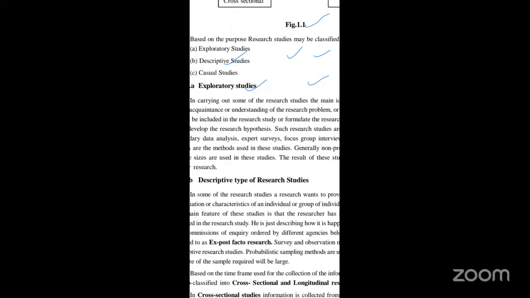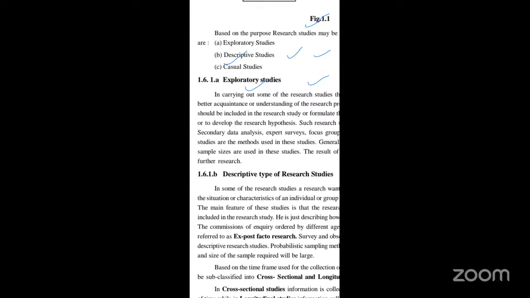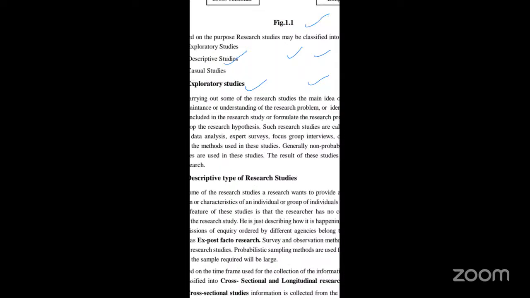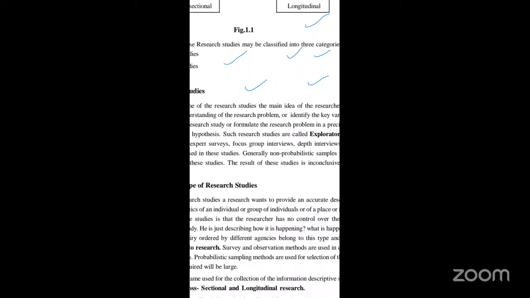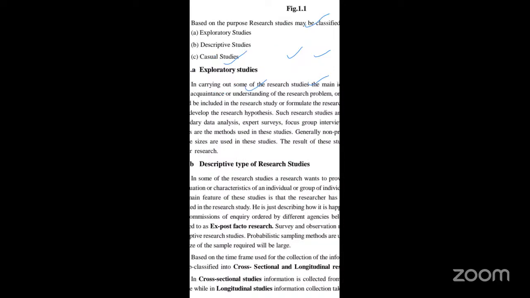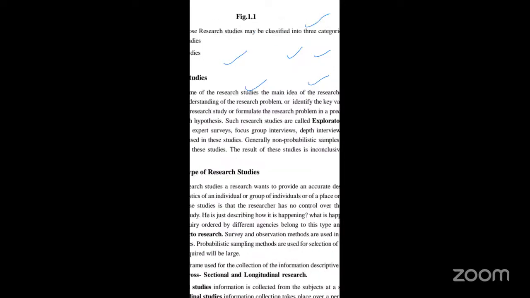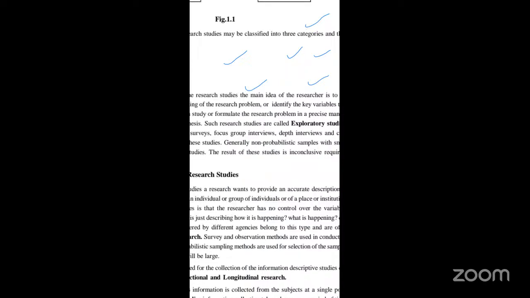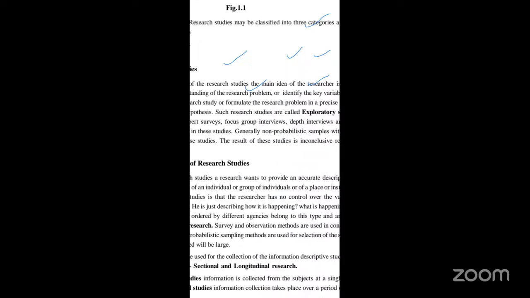So secondary data analysis, expert surveys, focus group interviews, depth interviews, and case studies are used in these studies. The result of these studies is inconclusive, requiring further research.